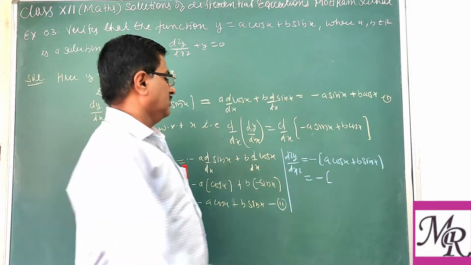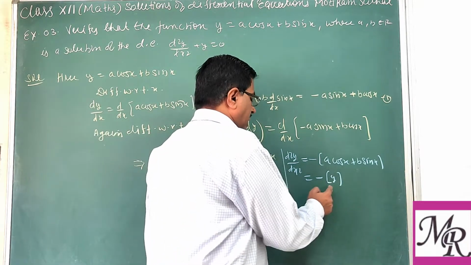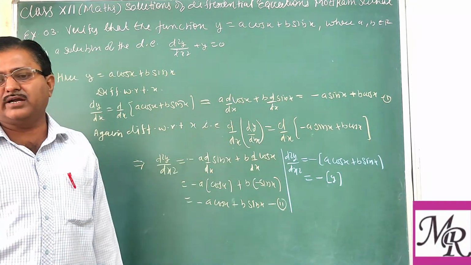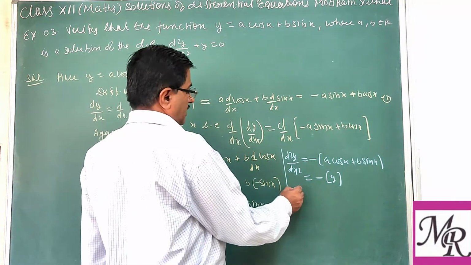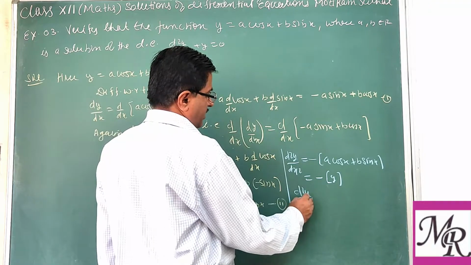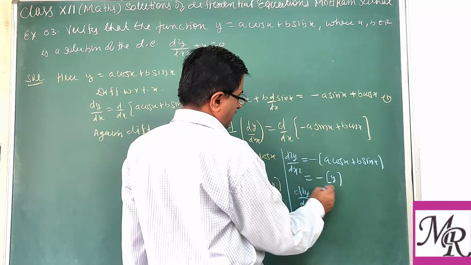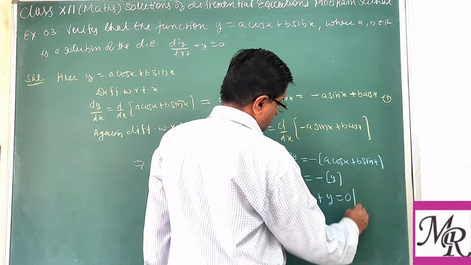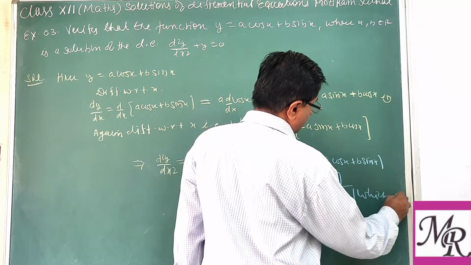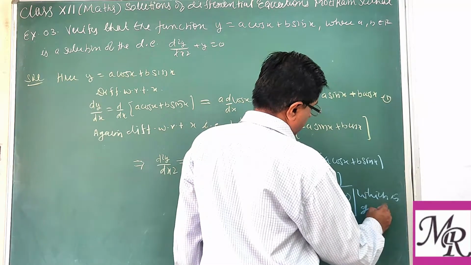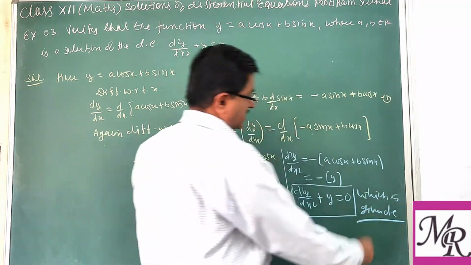So if you put y here, then this is minus y. Now this minus y you can transfer to the left side, so that will be plus y. So finally what we get is d square y by dx square plus y equals 0, which is our given differential equation.